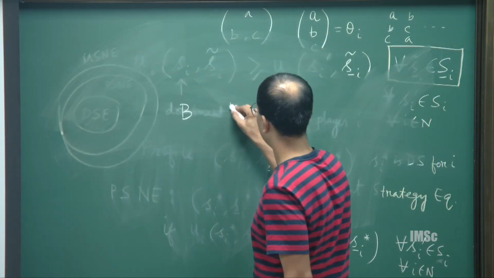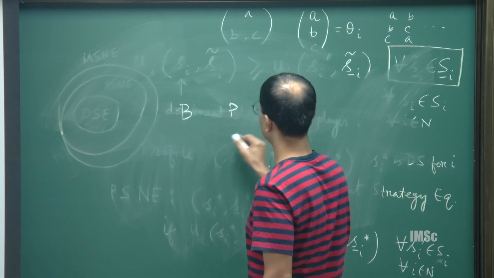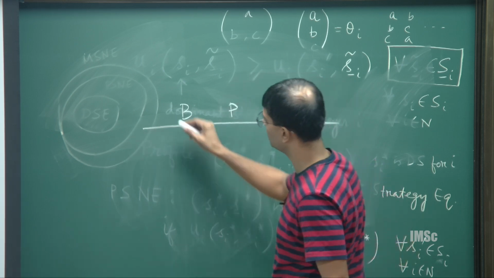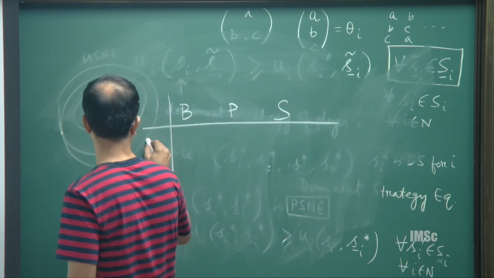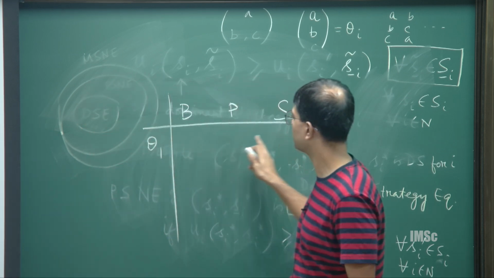So just to give you a running example, suppose I have a bridge, a park, and a street. These are the three things. So every agent can give me, let's say, theta 1, which is a vector of 3 numbers.